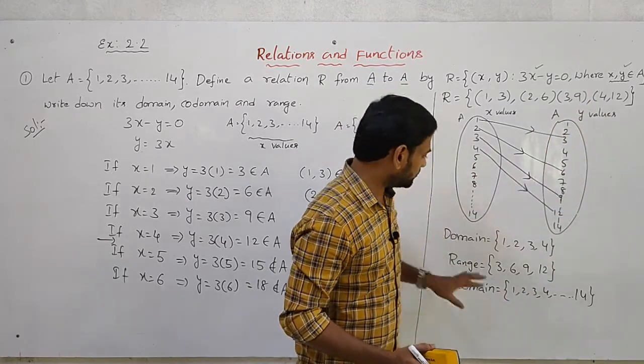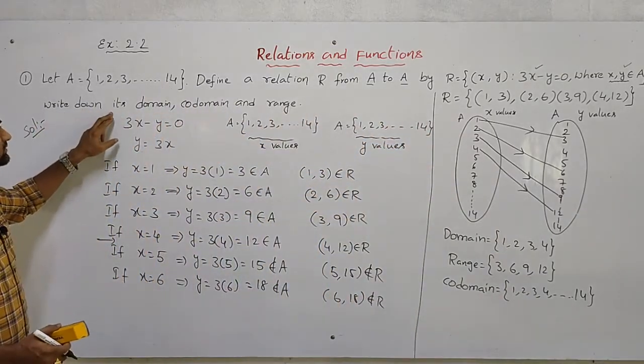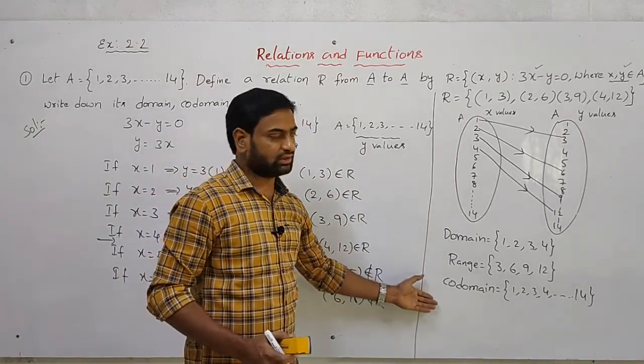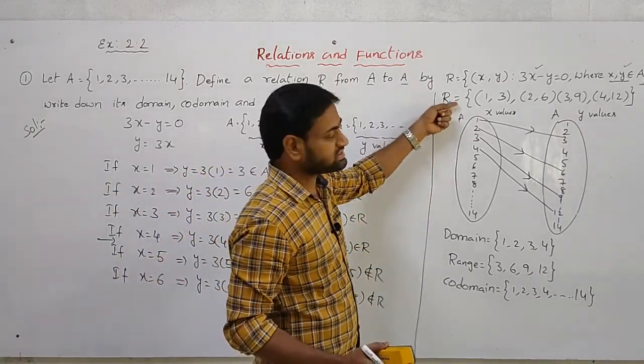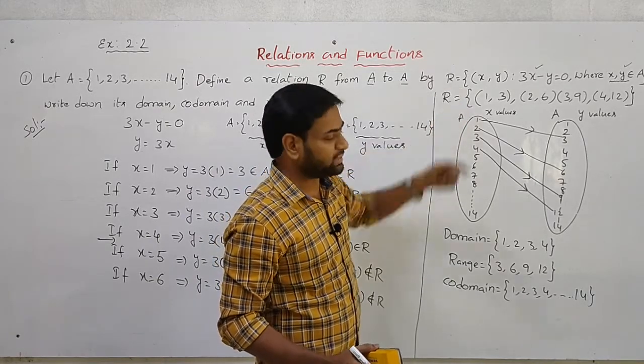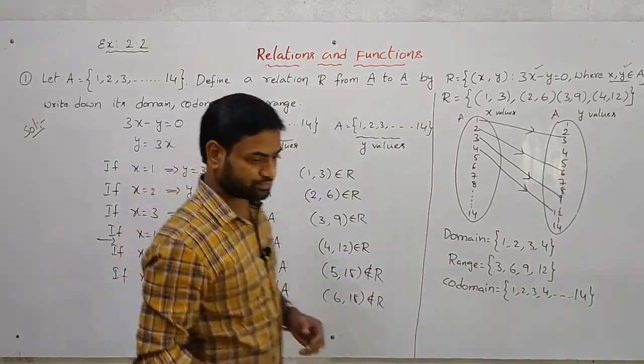That is codomain. So what did he ask here? Write its domain, codomain, range. I wrote them in the roster form. This is the roster form. This is the set builder form. So it is the first column.